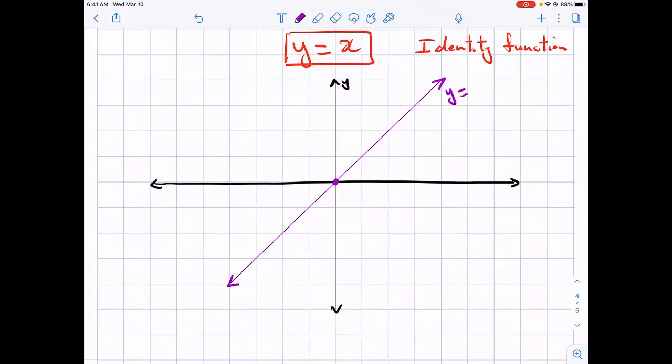This is y equals x. So if this is 1, this has to be 1. If this is 2, this has to be 2. If this is minus 1, this has to be minus 1. If this is minus 2, then this point here has to be minus 2, and so forth, right?